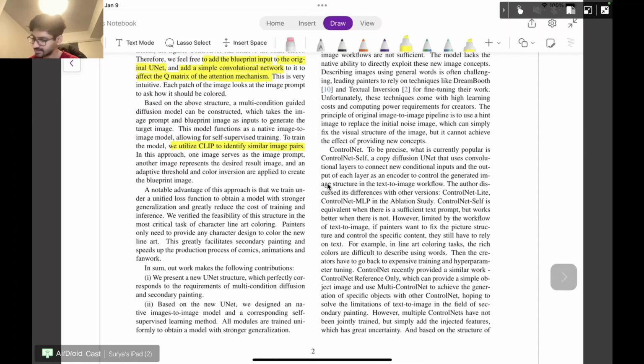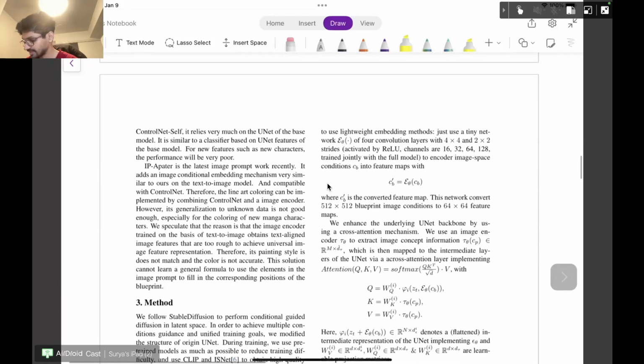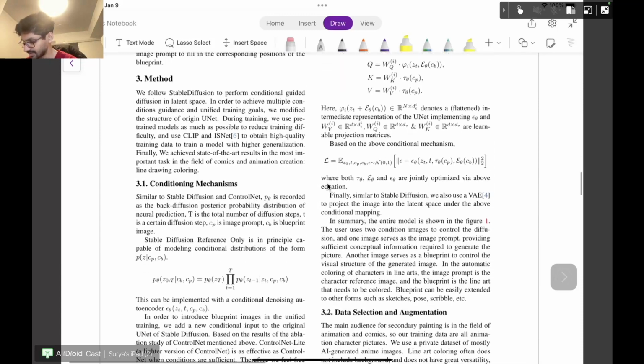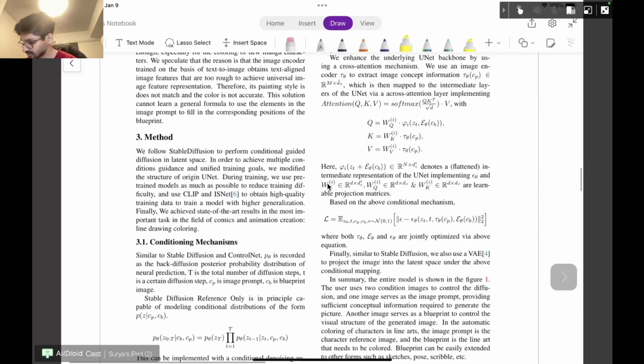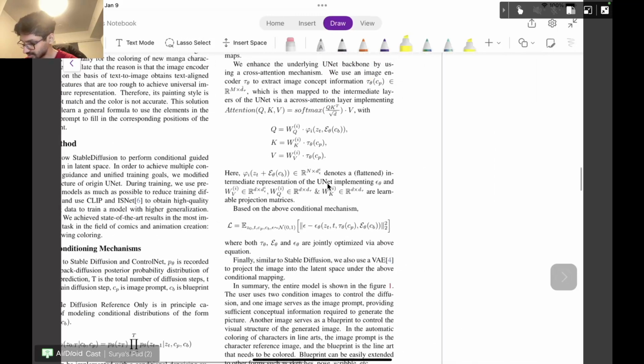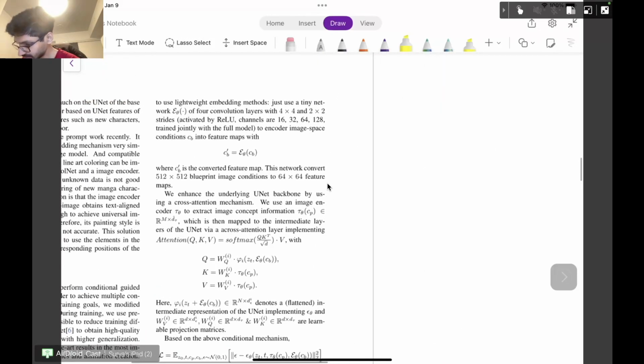So let's get a little more into the details of the algorithm so that we understand the architecture better. So what you essentially see here is that your blueprint image, you generate some features from the blueprint image, and those features are what are being used to control your queries, right?